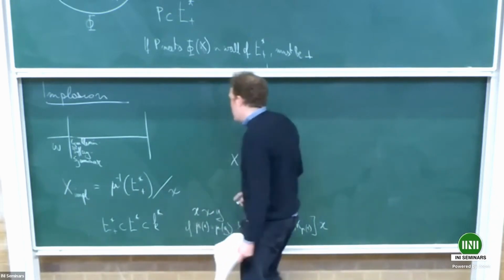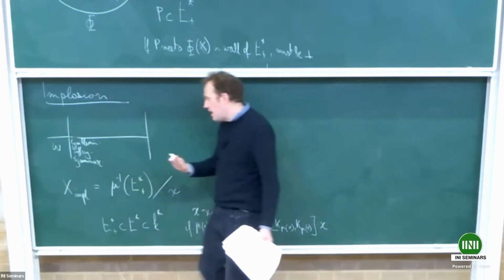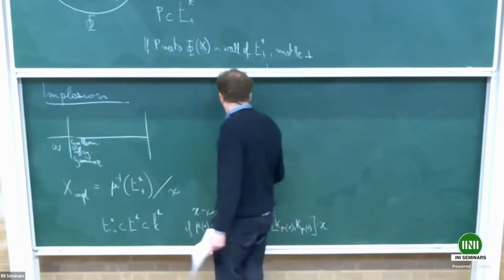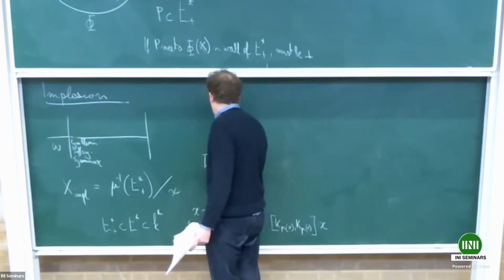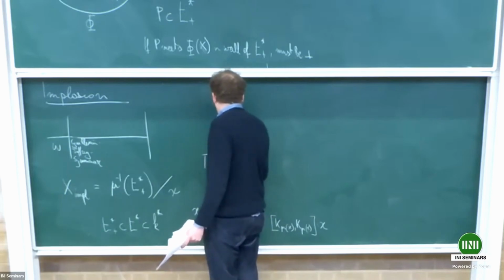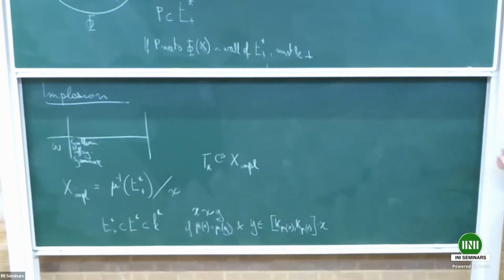so the implosion, if I start from a space with a K action, now the implosion is just going to have an action of the maximal torus of my group, but the reduction is the same.